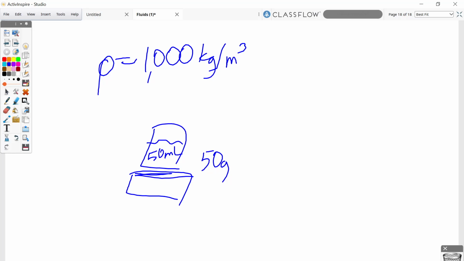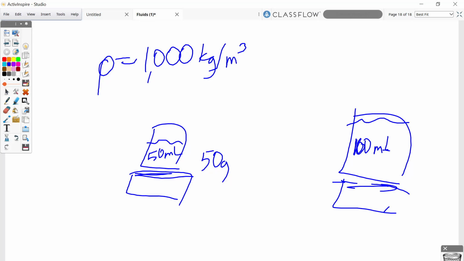If you have 100 mLs of water and you put it on a scale, it's going to weigh 100 grams. If you have 1,000 mLs, it's going to weigh 1,000 grams, and so on, okay?